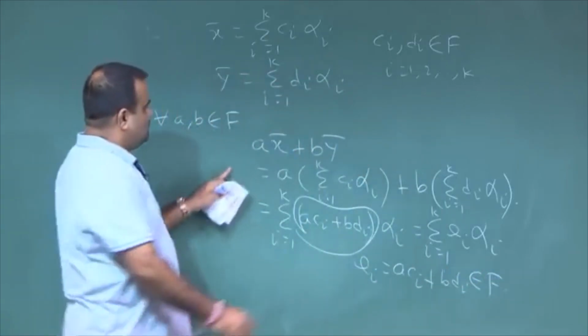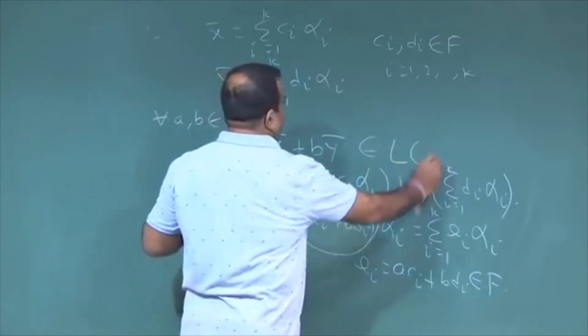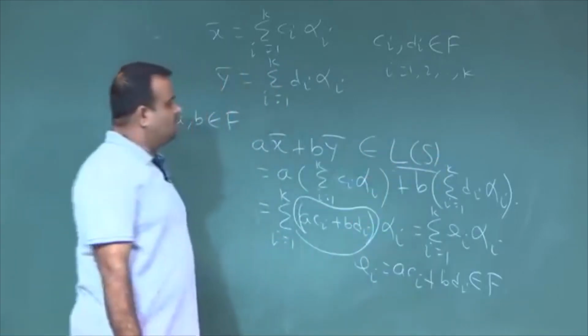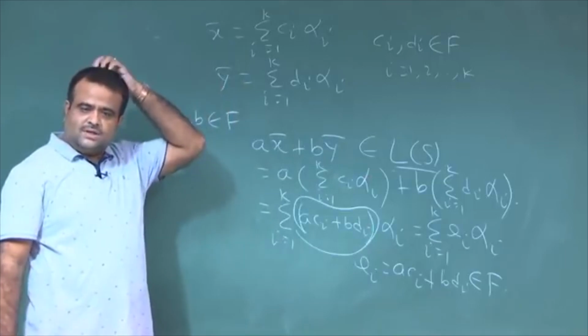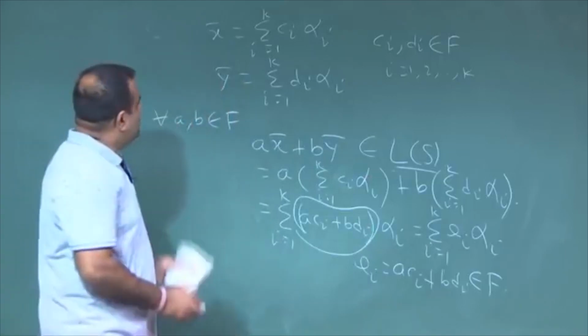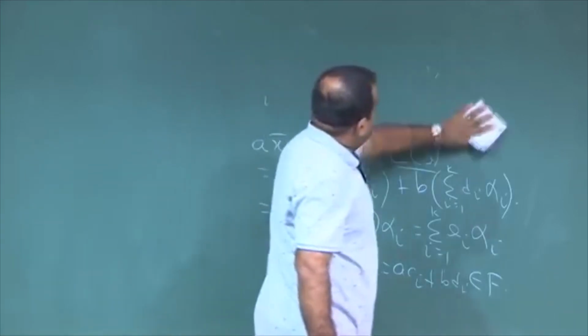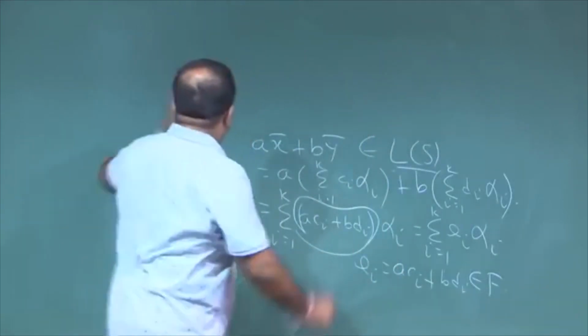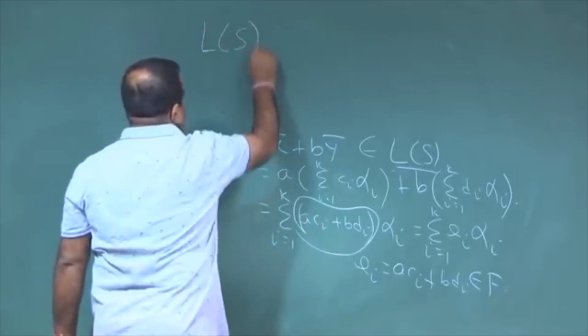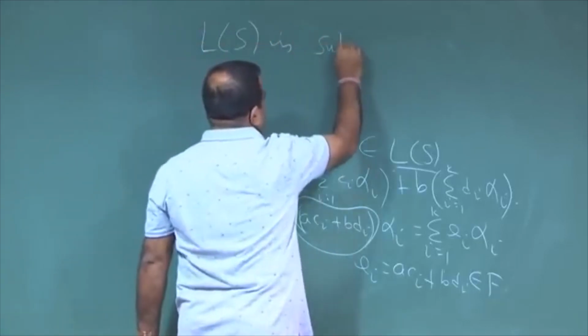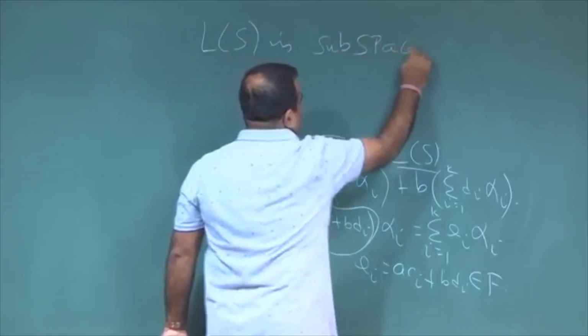So, that means this belongs to L of S. Then by that necessary and sufficient theorem, L of S is a vector space. So, the linear span of a set, L of S, is a subspace of V.